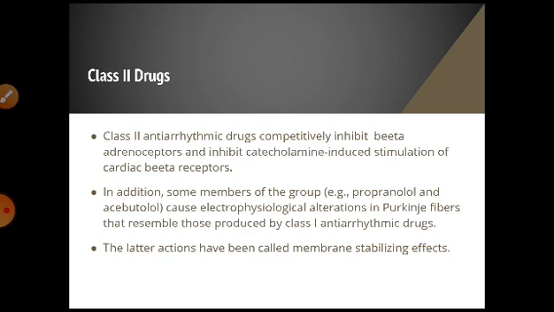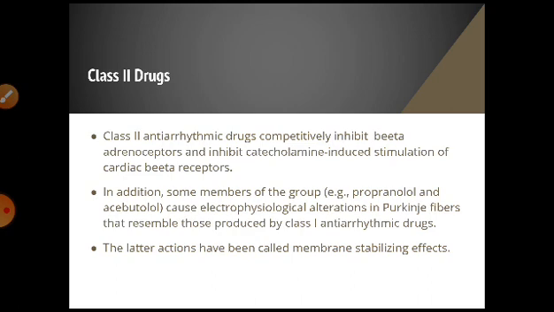When norepinephrine binds with the beta 1 receptor, it stimulates the cardiac rhythm, so they can go for a tachyarrhythmic condition. So here these drugs are going to inhibit that particular point.